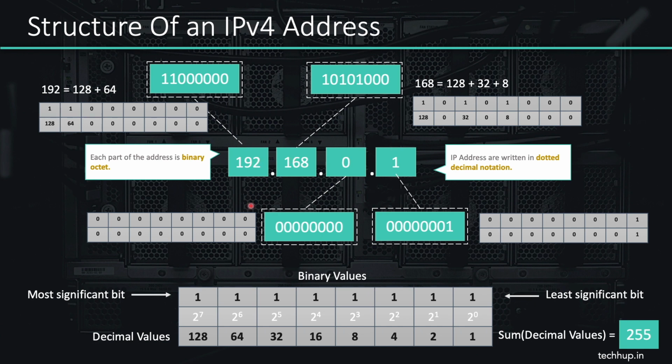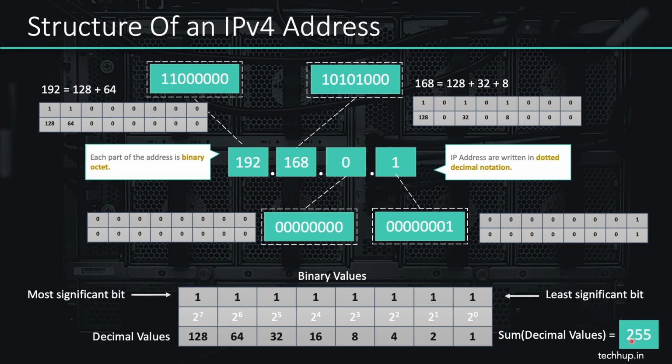The max decimal value of each octet is the summation of the corresponding decimal values of each bit within the octet, which is going to be 255 and not more than that.